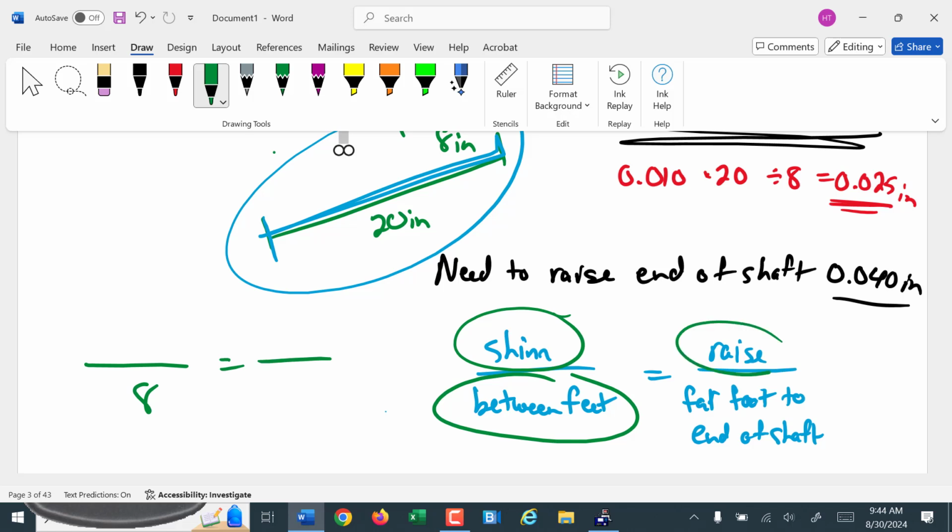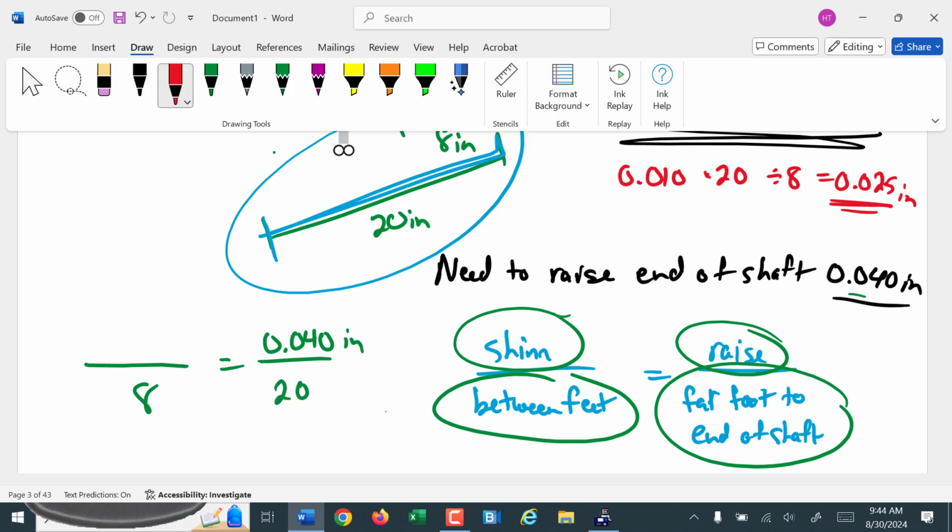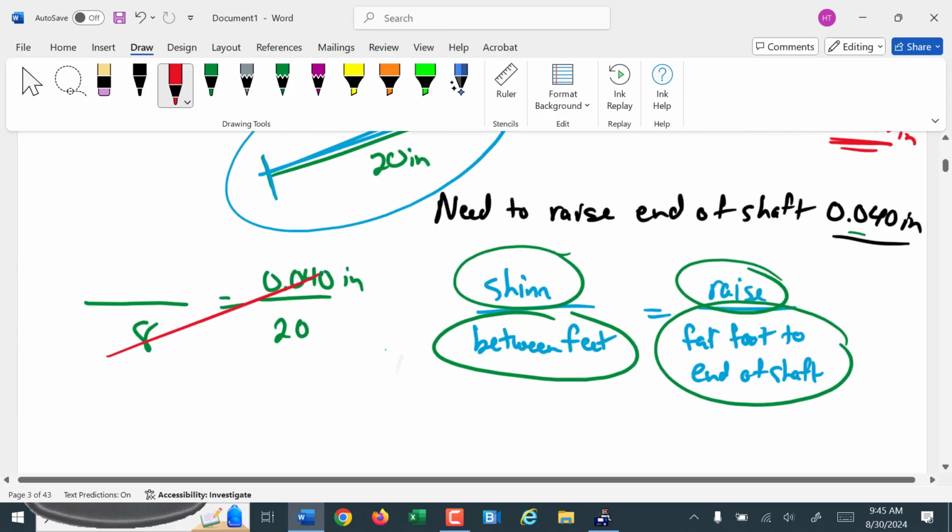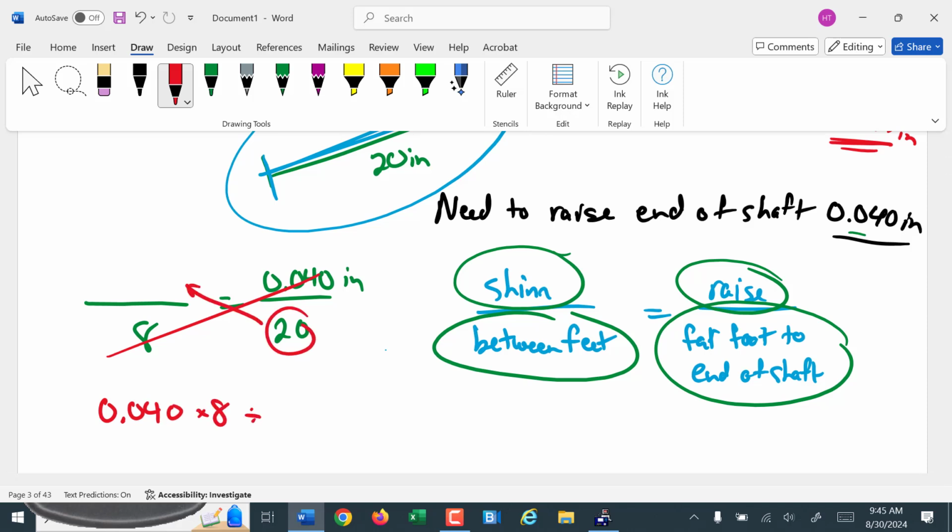Do we know the shim? We don't know the shim, yes. We know the between feet was the 8 inches. Do we know how far we have to raise it? The 40 thousandths. You got it, 0.04. And the far foot to the end of shaft is the 20. What do we multiply?